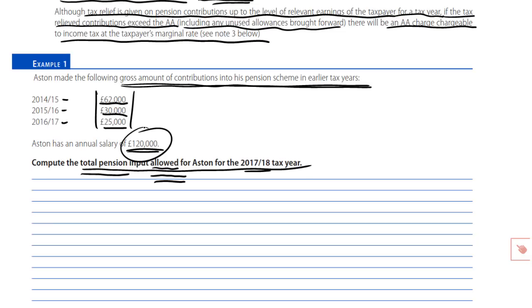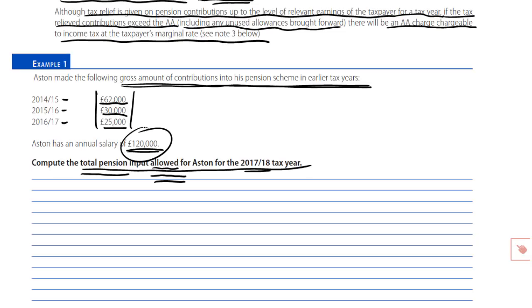Check out the answer in the back for that bit, but that answer also then goes on to suggest, well, what about if we made this contribution? If you have a little read through that, but at the beginning of the next session, I will talk you through that as well, before then moving on to complete this chapter by looking at, so what does happen when the total pension input for the tax year exceeds that combination of annual allowance limit for the tax year plus the unused allowance brought forward from the previous 3 years?